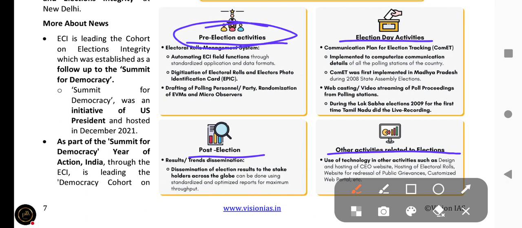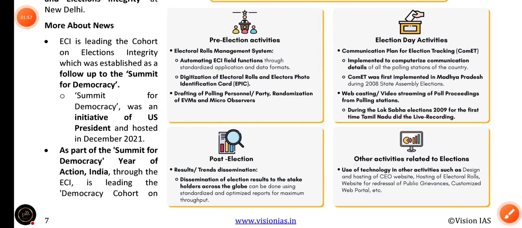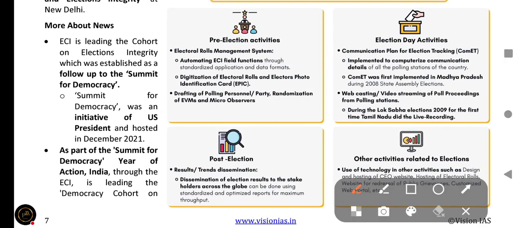In pre-election activities, the electoral rolls management system, automating Election Commission of India functions through standardized application and data formats. Digitalization of electoral rolls and electors photo identification card.